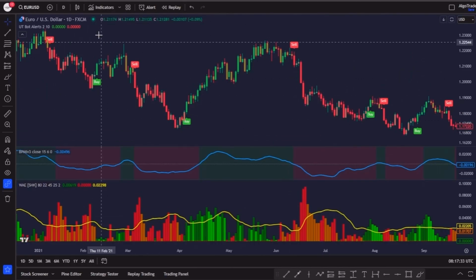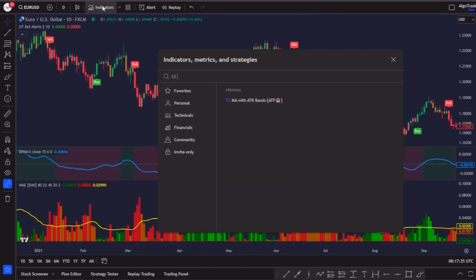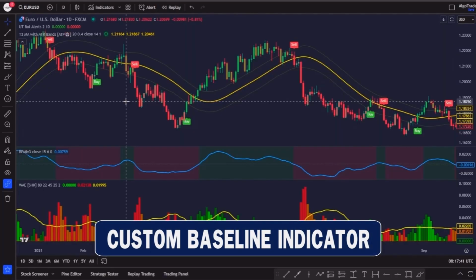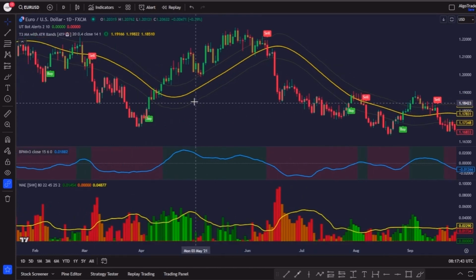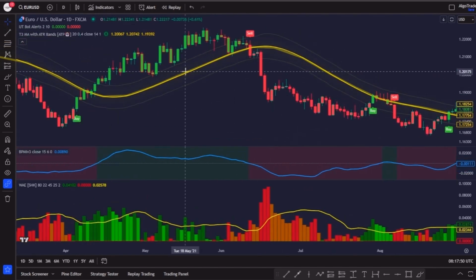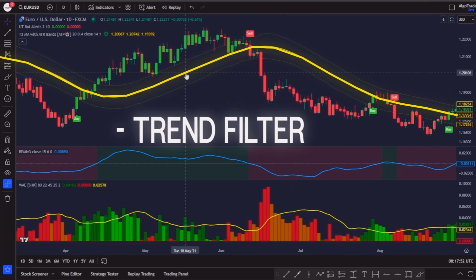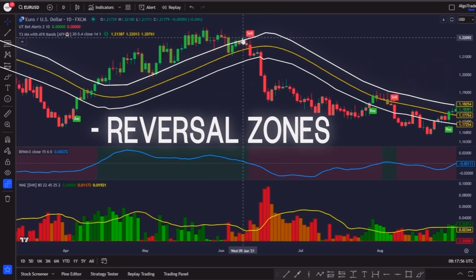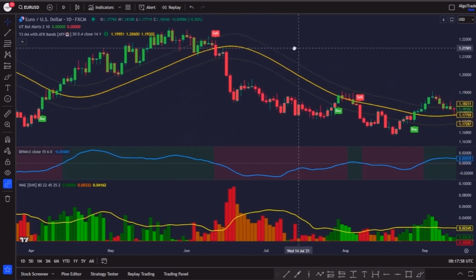Now let's add the final indicator you will need for this strategy, which is the T3 MA with ATR bands. This is a custom baseline indicator that I personally developed. It combines a smooth T3 moving average with dynamic ATR based channels. The center line acts as a trend filter, while the upper and lower bands identify potential reversal zones and overextended price action.